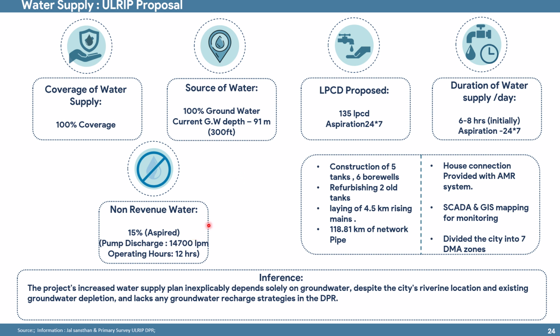But to achieve this extra supply of water, the pump discharge is also raised to almost double, increasing the electrical consumption and groundwater extraction, as the entire project again depends on groundwater despite being adjacent to the river and a dwindling water table.